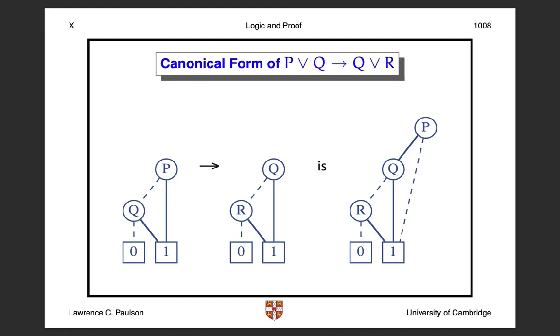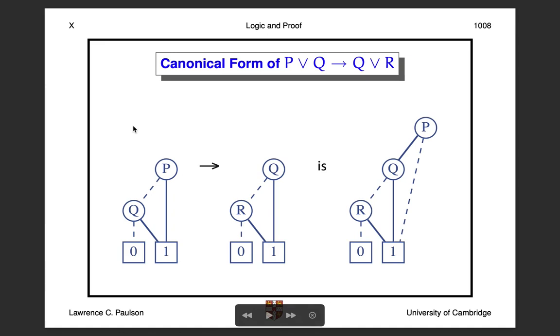Now a slightly more complicated example, and I hope you recognize our little formula that we saw already in the second lecture. So let's assume that we have converted P or Q and Q or R to BDDs already, and we merely have to combine the two.